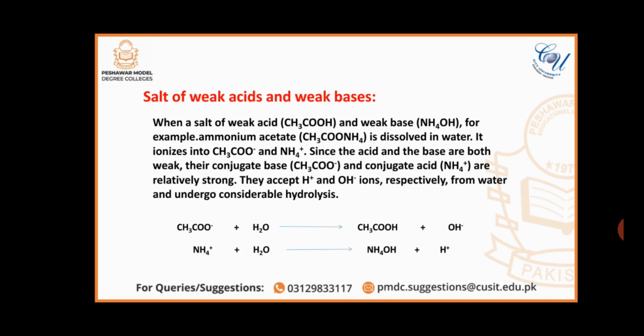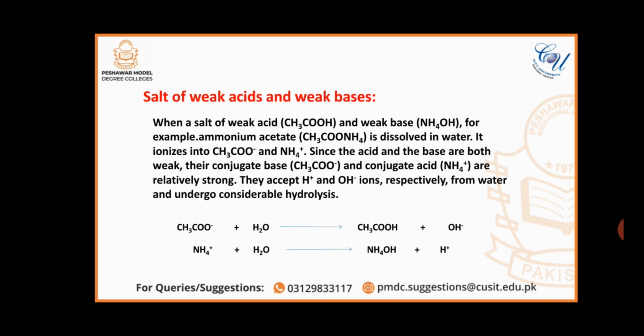Since the acid and the base are both weak, their conjugate base and conjugate acid are relatively strong. They accept H plus and OH minus ion respectively from water and undergo considerable hydrolysis.